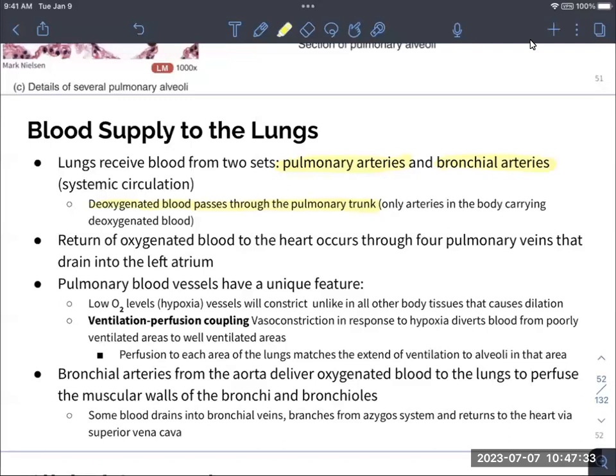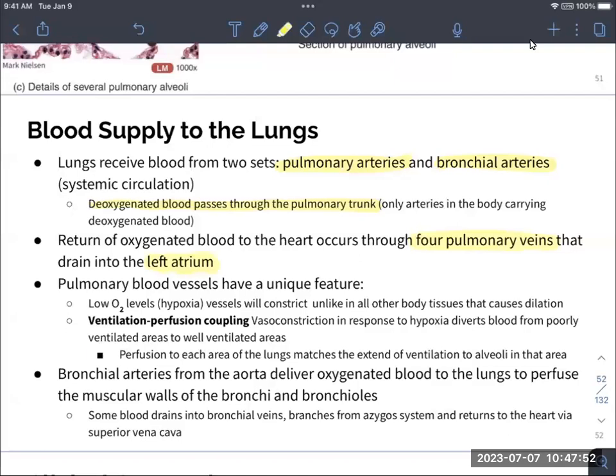Once the blood has received oxygen, gotten rid of carbon dioxide, the blood goes back to the heart through one of 4 different pulmonary veins. They drain into that left atrium.